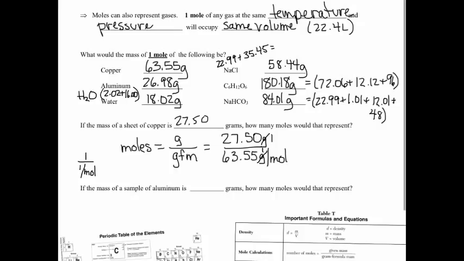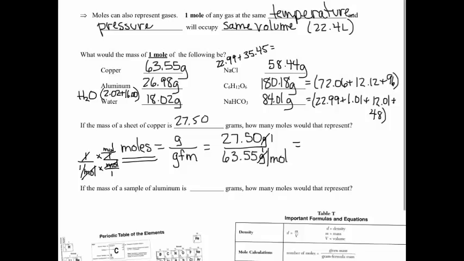To get that out of this bizarro fraction, and I'm sure there's some name for it in math, you would need to multiply by the inverse. So I'm going to multiply the top and the bottom, because whatever you do to the bottom, you have to do to the top and vice versa. Mole over 1, and then do the same thing above. Mole over 1. Then your moles cancel in the denominator and the ones cancel out, so you'll be left with moles. So that's how this equation works, that it's actually going to end up being in moles.